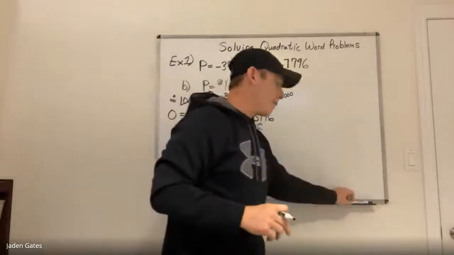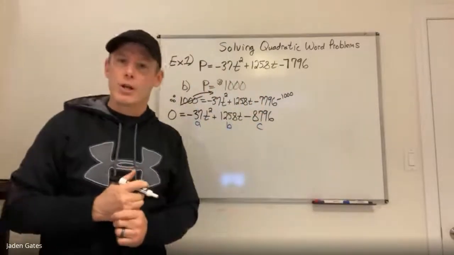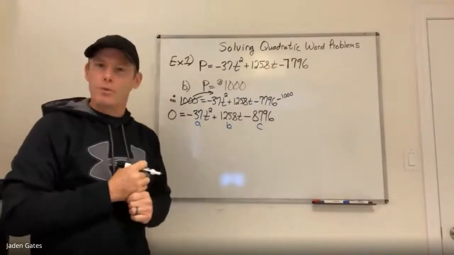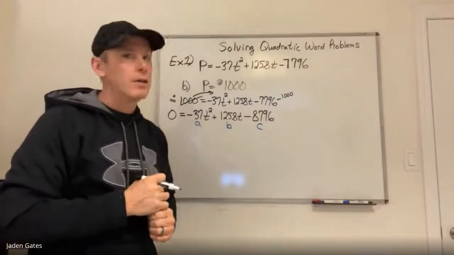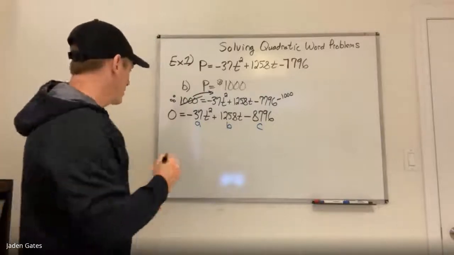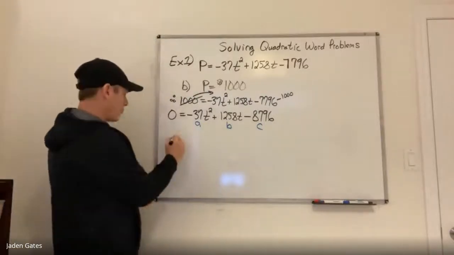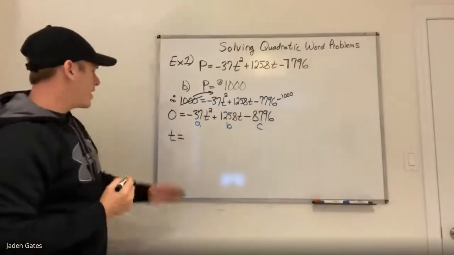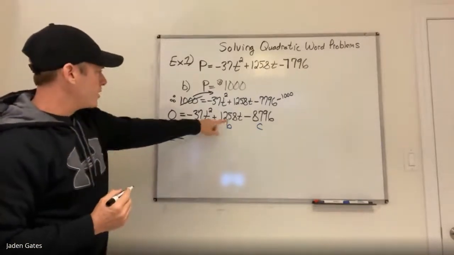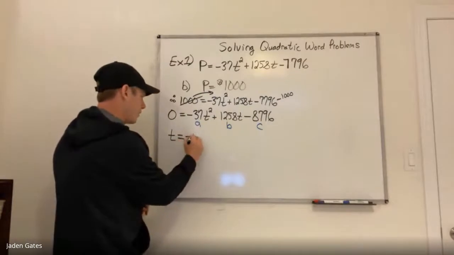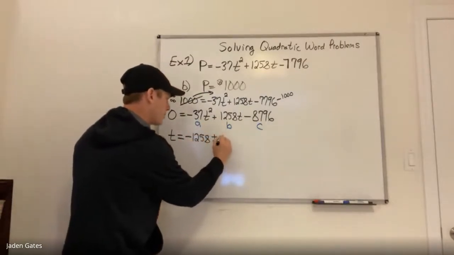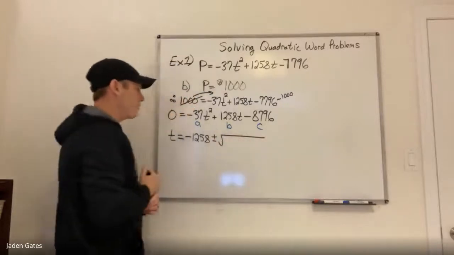All right, so again, I'm going to use my quadratic formula, which, again, you have to know: X equals negative B plus or minus the square root of B squared minus 4AC all over 2A. All right, so here we go. Instead of X, we're going to have T equals. Then a negative B. So B is positive, so it is actually going to be negative when I put it in the formula here. So negative 1258 plus or minus the square root of B squared.